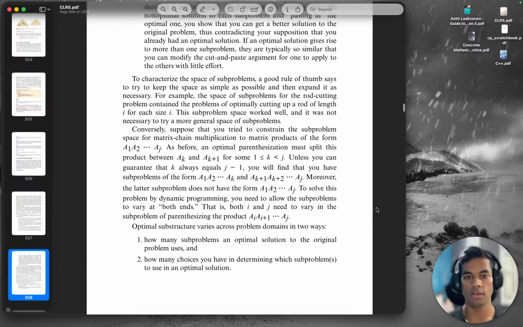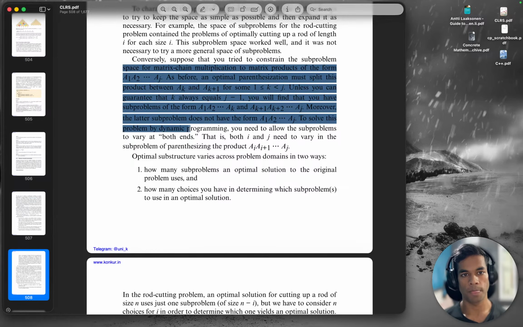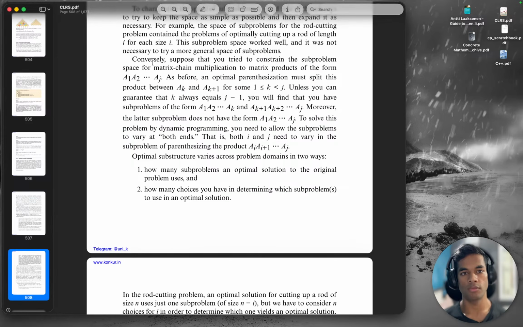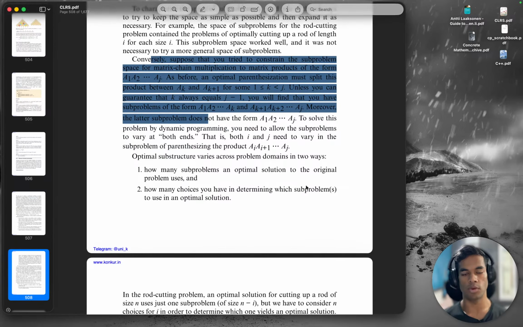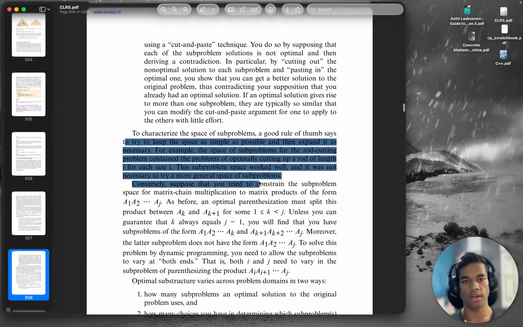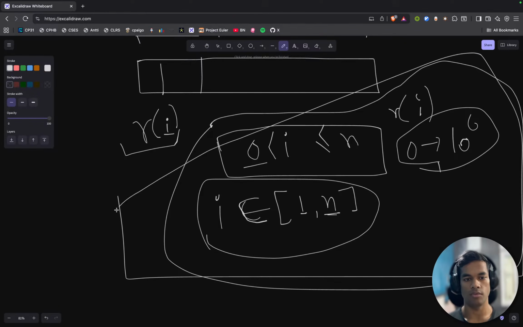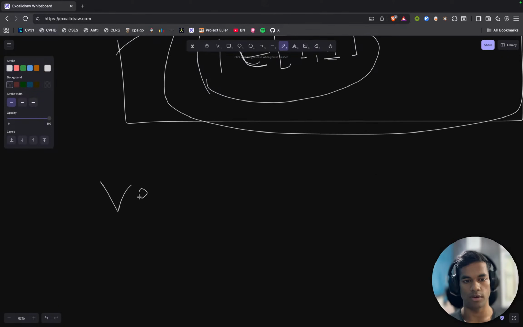Yes, that makes sense. That is why in matrix chain multiplication we had to use a 2D matrix, because the subproblem space was bigger. But in the rod cutting example, we got our work done by only using a single dimensional vector.